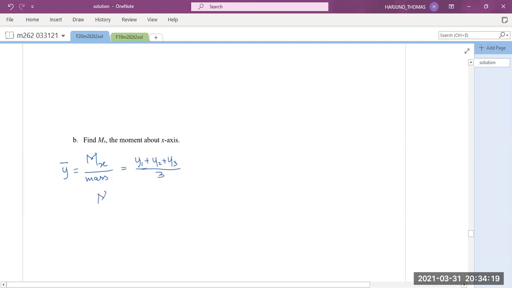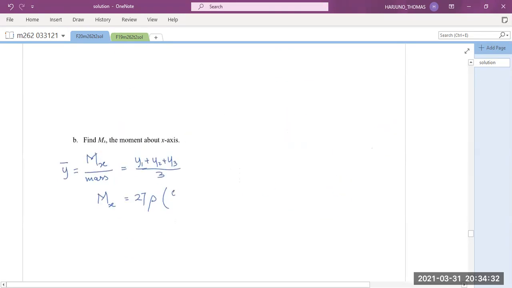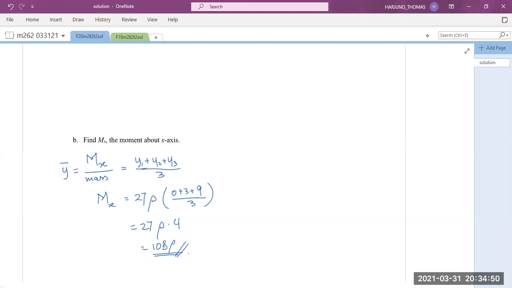Then the moment with respect to x-axis will be the mass, which is 27 rho, times 0 plus 3 plus 9 over 3. That's how that student did it. And when I saw that, I was like, oh, wow.